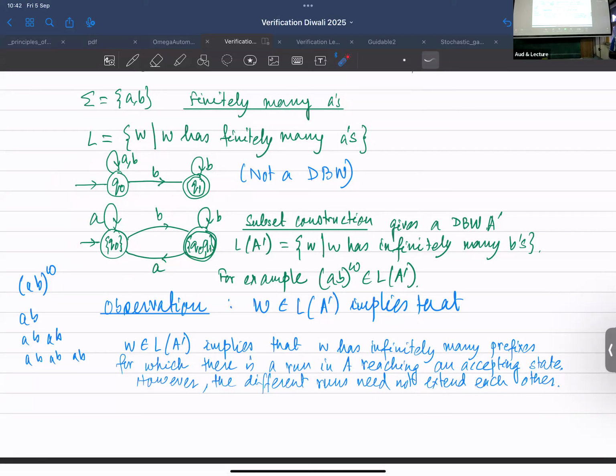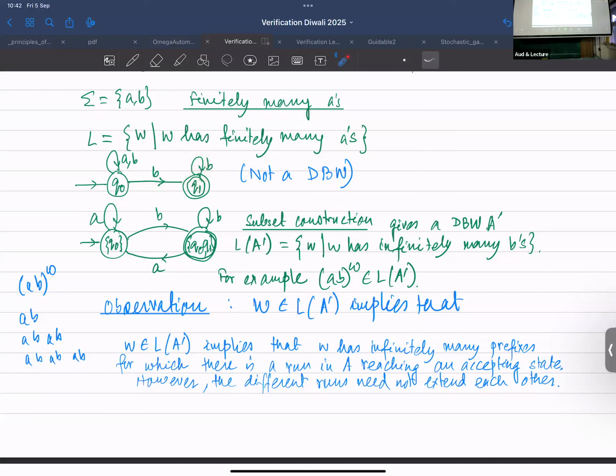So L is contained in L of A prime. If you have a word which is accepted by this, it means that you will take the transition B at some point of time and then you will just keep on looping here.